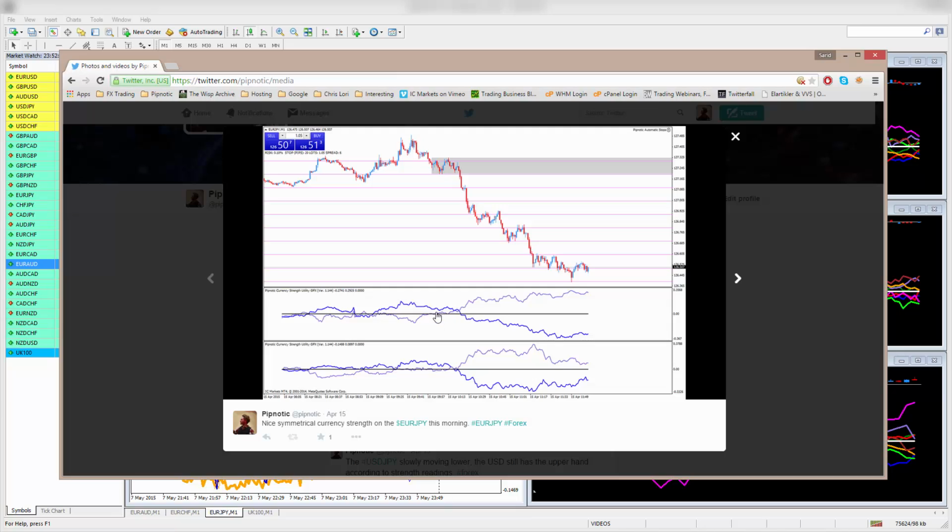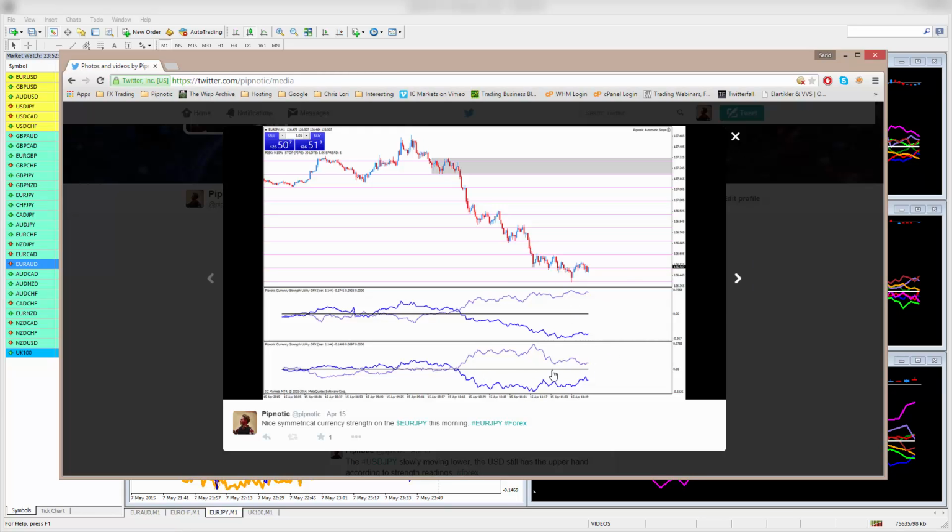When you can see that we have the lines almost mirroring one another, one positive and one negative, this is a really good pair to trade, because we know that the strength in the yen and the weakness in the euro is actually happening on the euro Japanese yen pair. So you know that this pair is the one that's being sold, and this is the one that's causing this currency strength divergence. You can see here, this is the shorter period, which is the 15-minute, and you can see that it's beautiful. It looks like a butterfly almost.